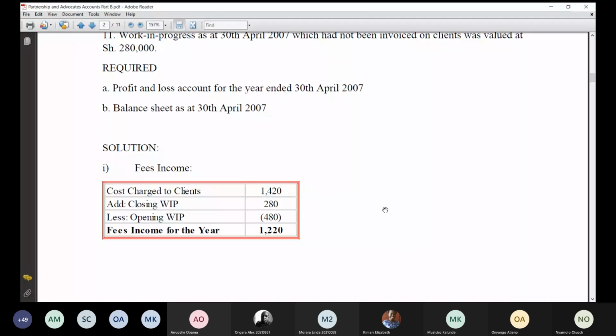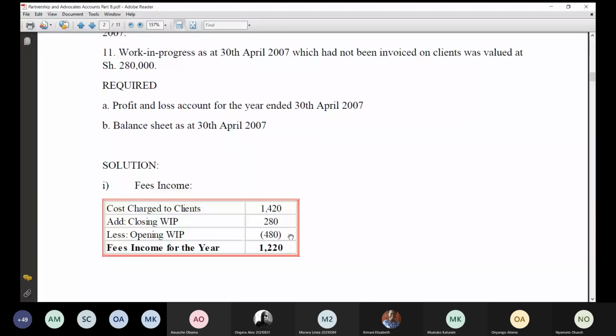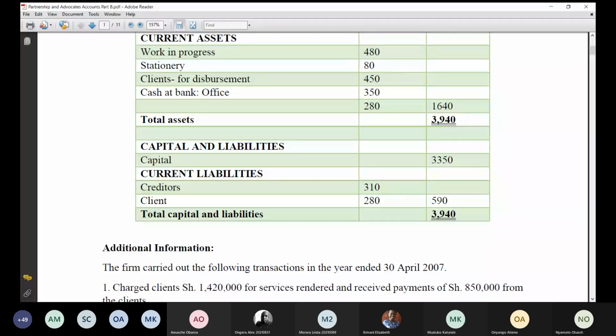You add closing work in progress. Where do we get the closing work in progress? Additional information down here. Less opening work in progress. Where do we get the opening work in progress? In the balance sheet, the 480.